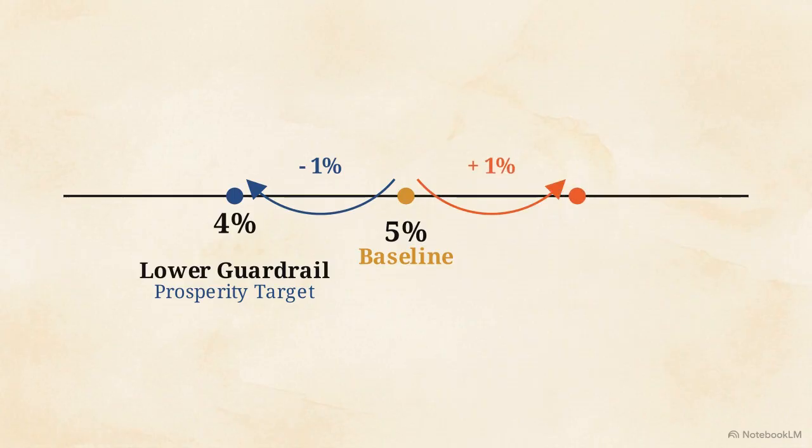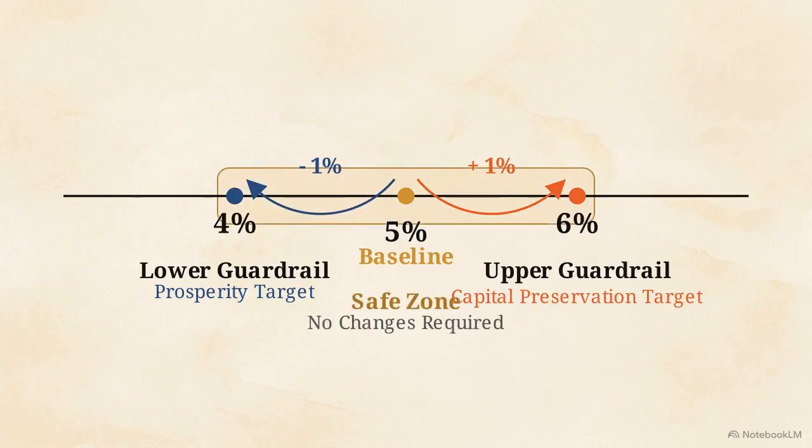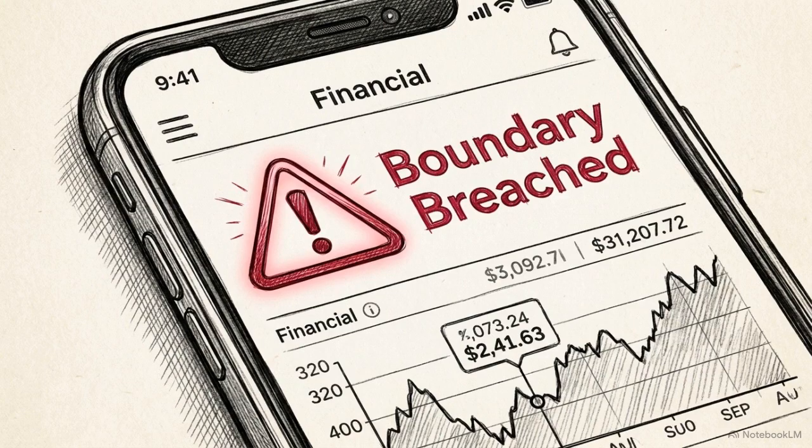Adding 1% establishes your upper guardrail, the capital preservation target, at exactly 6%. You now have an objective safe zone. As long as market fluctuations keep your effective withdrawal rate inside this 4 to 6% band, your spending remains steady. But the moment your rate breaches either boundary, systemic action is triggered.